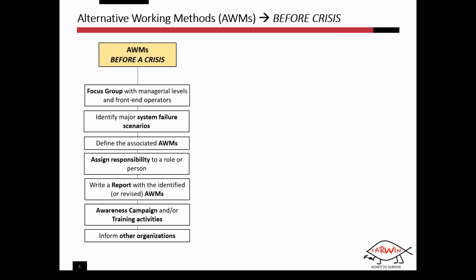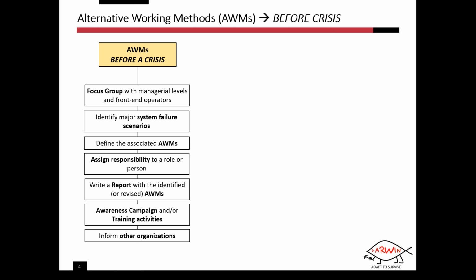So the card and the process in this part of the card is still very generic. So we start with what we call the focus group, in the sense that there is a decision to identify, to reflect on possible system failures.